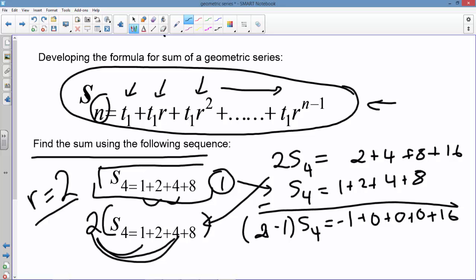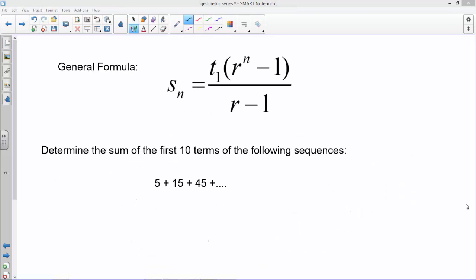Okay, so then the sum of the first 4 terms, if we simplify this, is 15. So now notice this negative 1 here, and this is the common ratio minus 1. So when you see the formula, you'll see this common ratio minus 1.